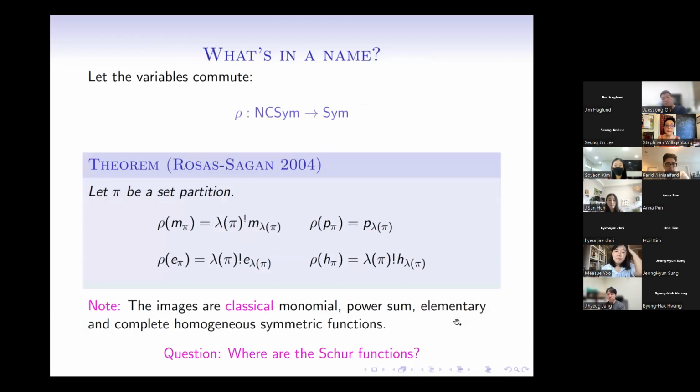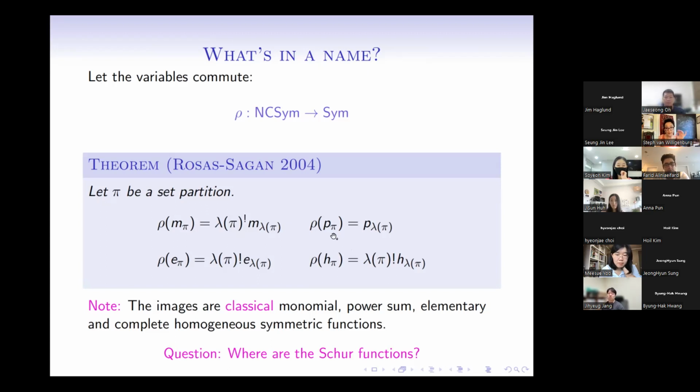So why did Rosas and Sagan give the names they did to their functions? Well, it's all because of what happens when we let our variables commute. This is the map called rho. If we take our monomial symmetric functions in non-commuting variables and let the variables commute, then you get the classical monomial symmetric functions along with a coefficient.